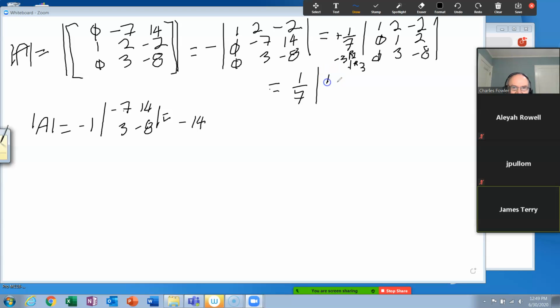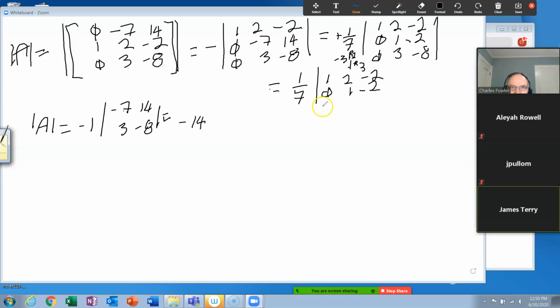Okay. Now, let's do that. Top row is going to stay the same. 1, 2, -2. Second row stays the same. 0, 1, 2. Or is that a -2? I'm pretty sure that's a -2, isn't it? Yeah. Okay.